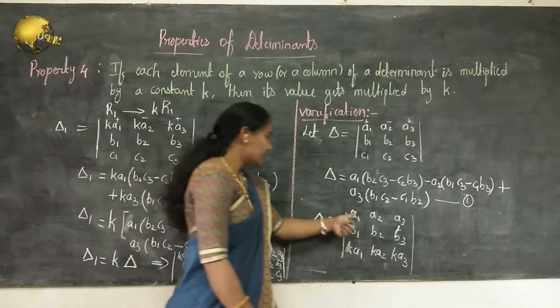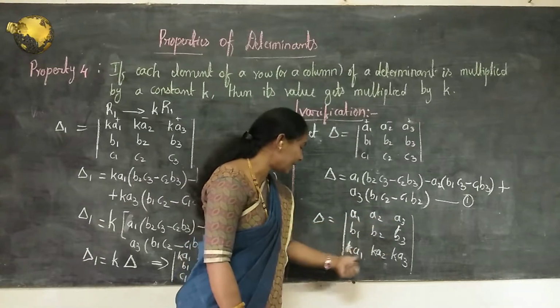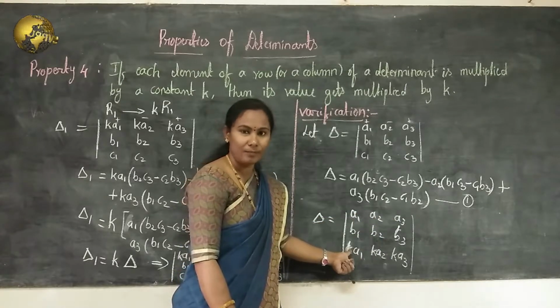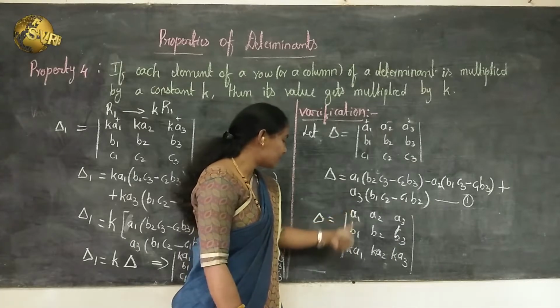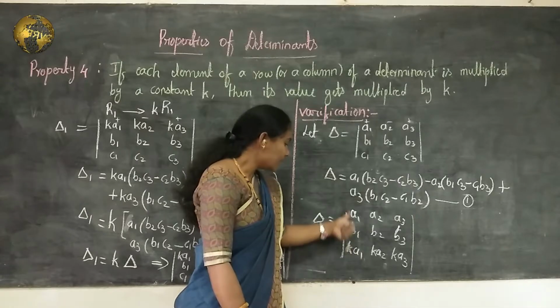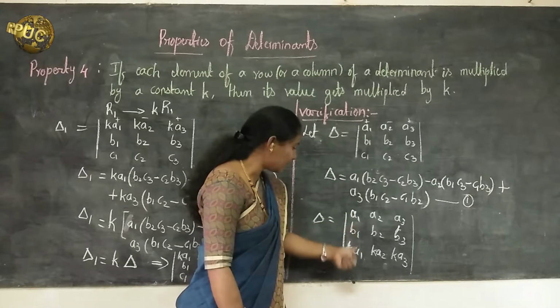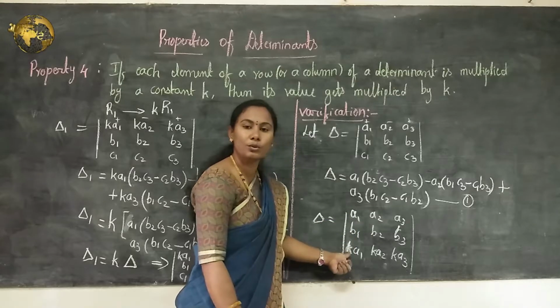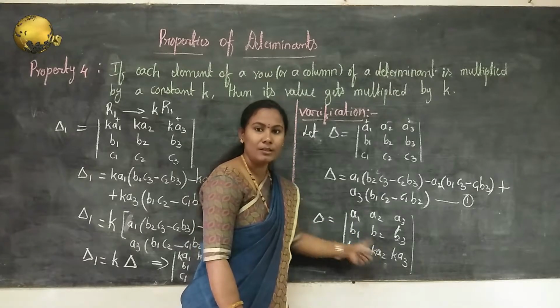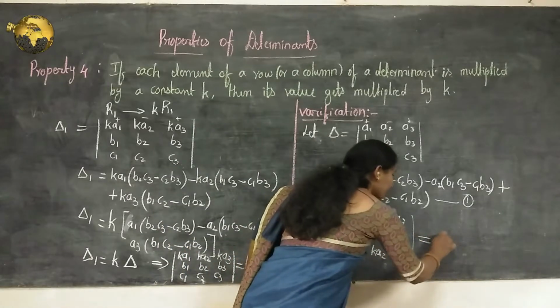See, the first row and the third row have the same elements, but multiplied by k. That means the corresponding elements of these two rows are proportional. So the value of delta is 0.